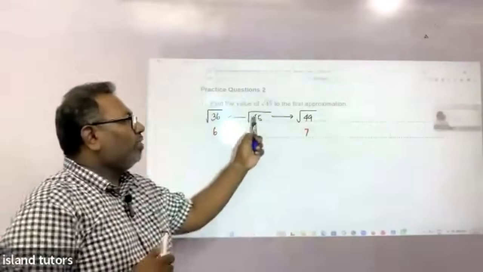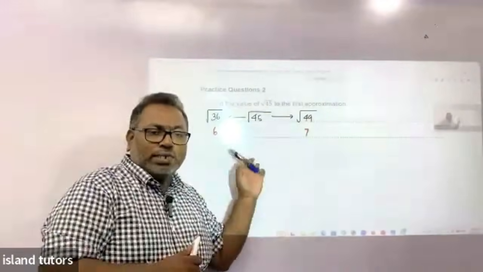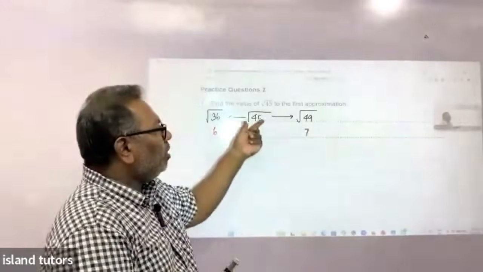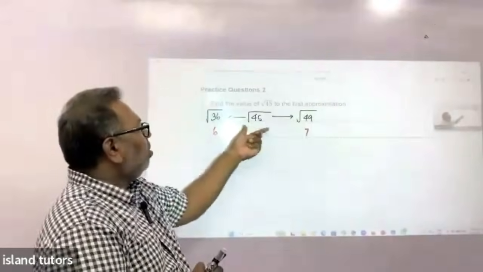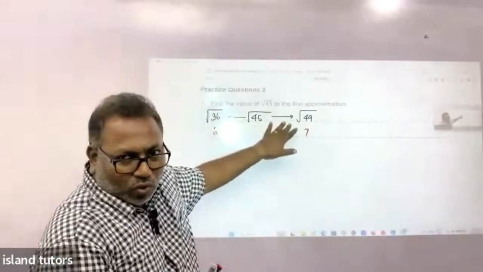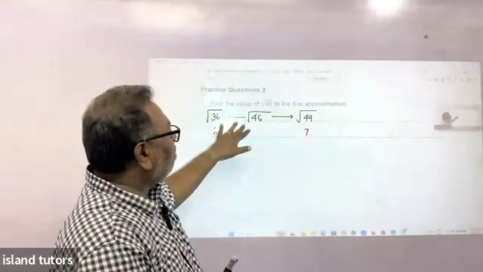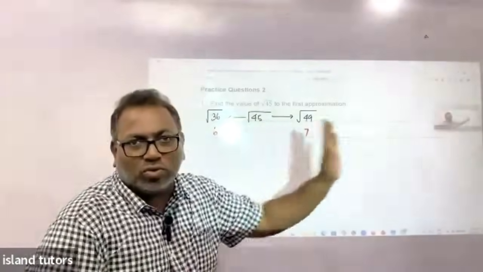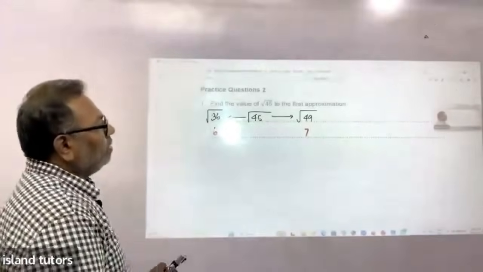So square root of 45 has to be between 6 and 7, right? Then next step, you see whether 45 is closer to 49 or to 36. Here a gap of only 4, here a gap of about 9. So it has to be closer to 7, right?